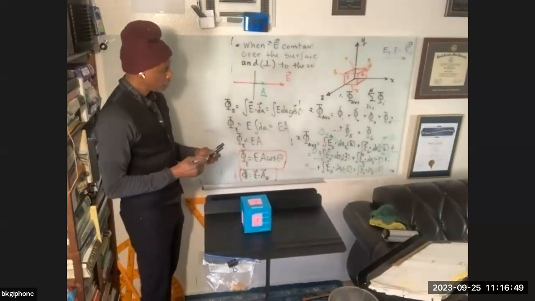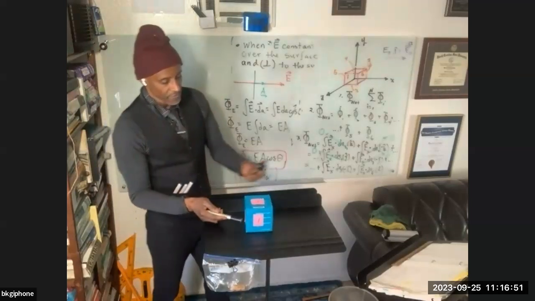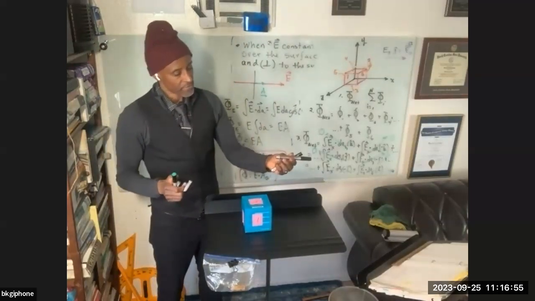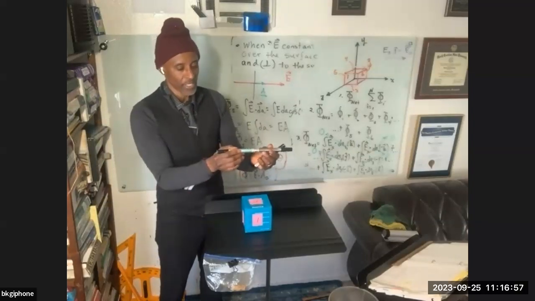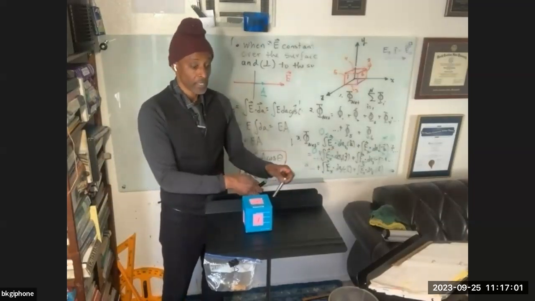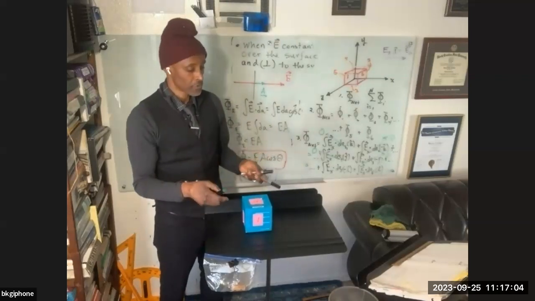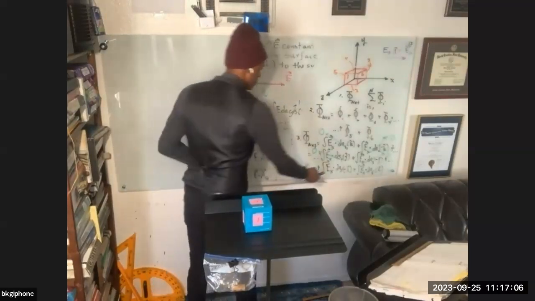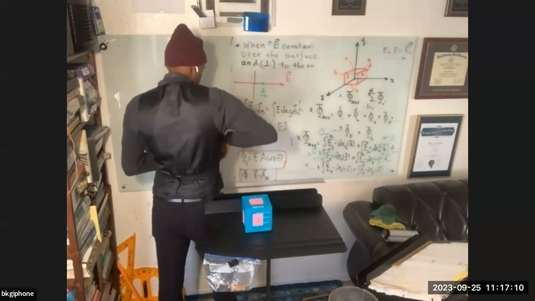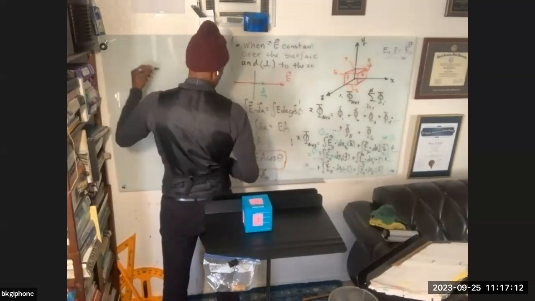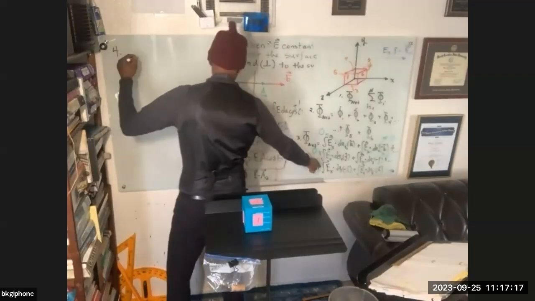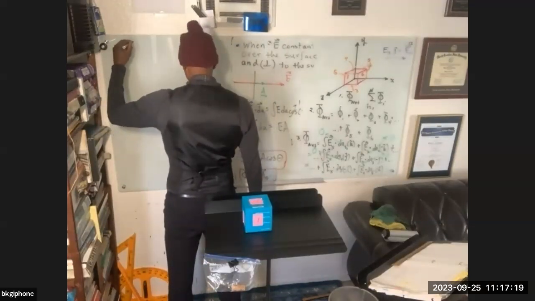Now for the last 2 sides, sides 5 and 6, E is pointing in the positive x direction, and for side 5, A is pointing in the negative x direction, cosine of 180, and also E is constant over the surface. So let's take a look at this integral a little bit more closely. If we break it down, I'll call this equation 4. For that last term here, we've got the integral. Now E is a constant.